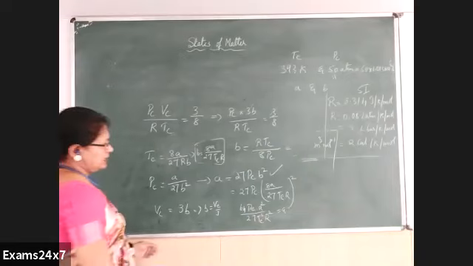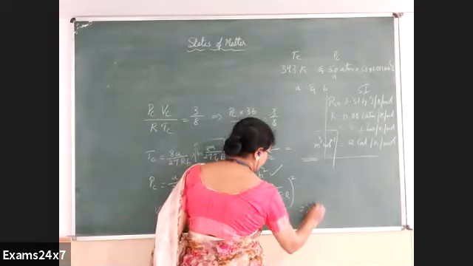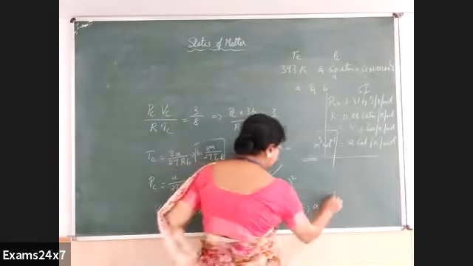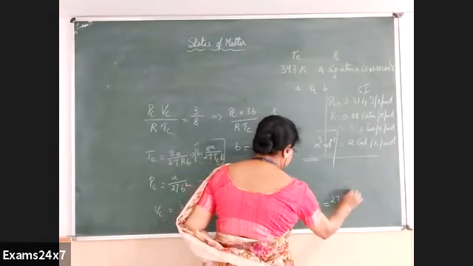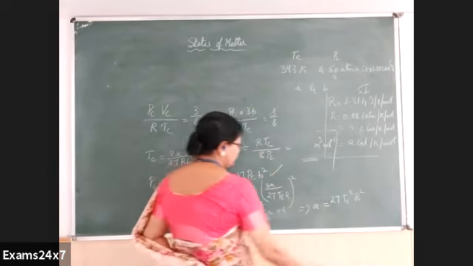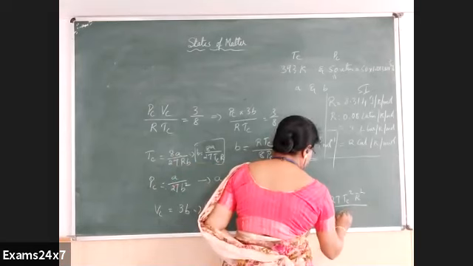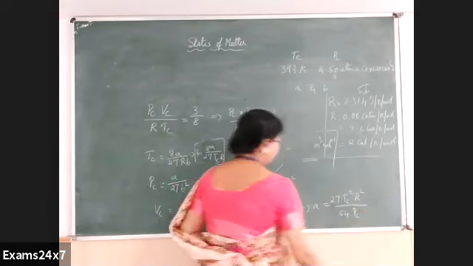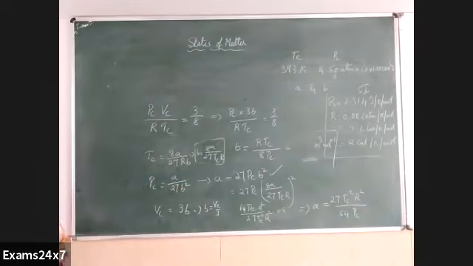So what is A here? A is equal to 27 TC square R square divided by 64 PC. All these things you need not by heart.